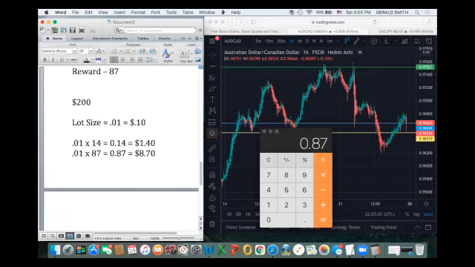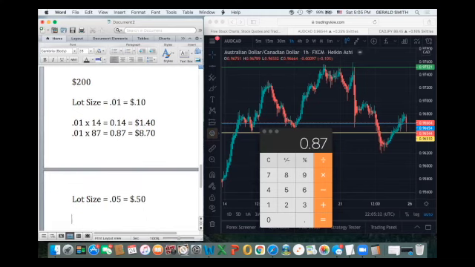So let's up it a little bit. Let's say we want to do a 0.05, which we know equals 50 cents. Let's calculate the same thing again. Risk to reward, 0.05 times 14. Let's use the calculator just to make sure we're right.